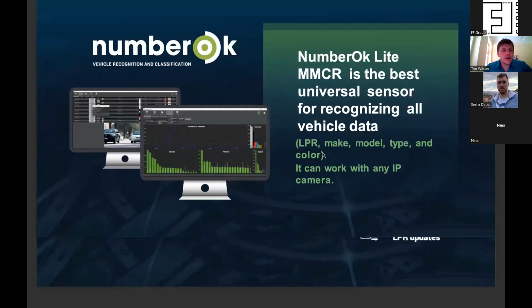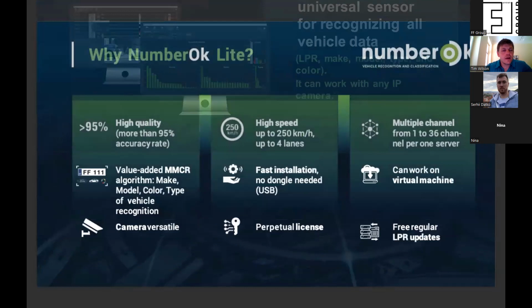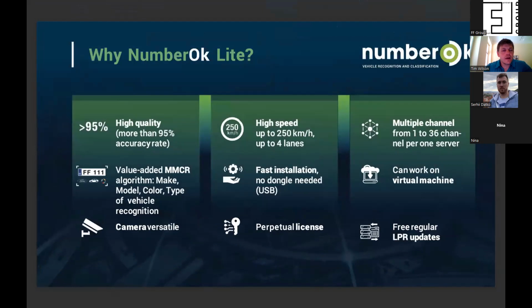In summation, these are some of the benefits you're going to get from NumberOk Lite. You get a high accuracy rate from the camera recognition software, so more than 95% of the photographs are going to be accurate.